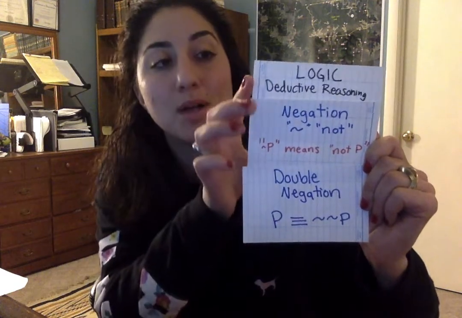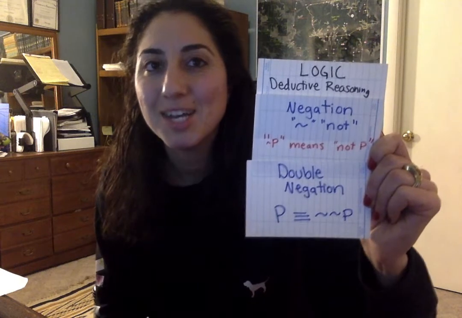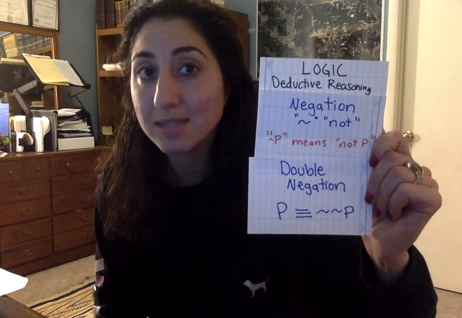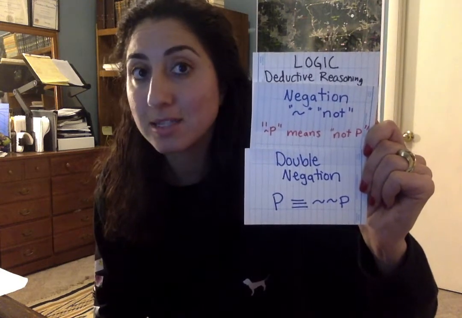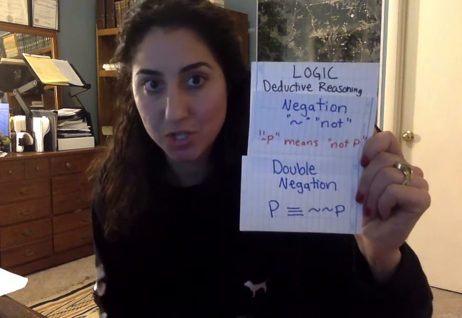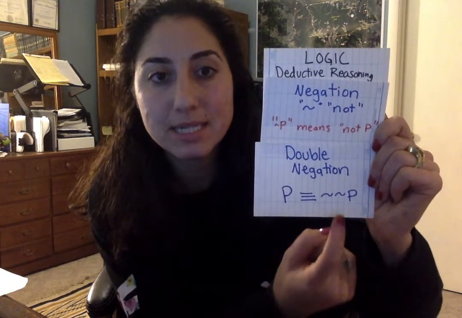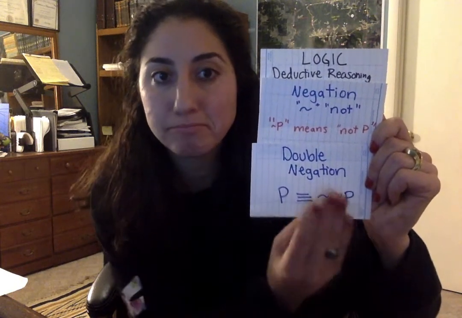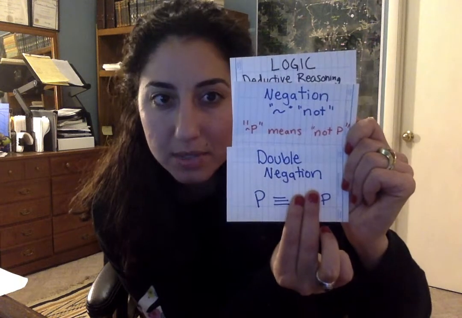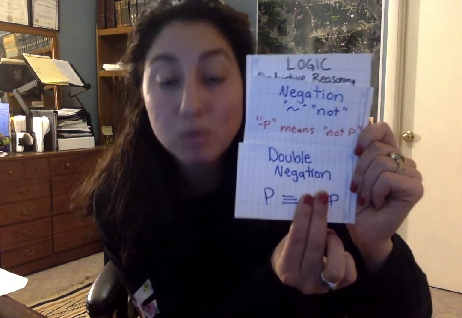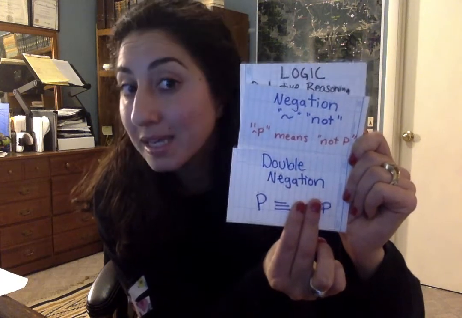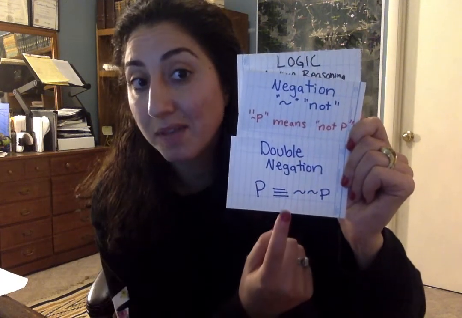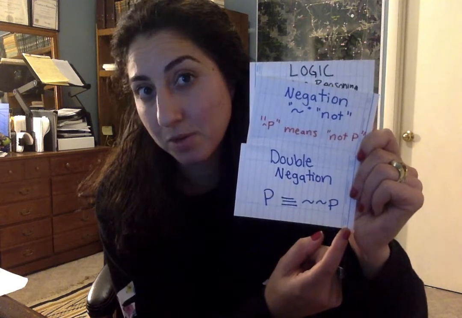The rule of double negation is that you can add a pair of tildes, or you could just get rid of a pair of tildes, so long as they're right next to each other, as it is here. Tilde tilde P. You can just get rid of those, and P equals P. To say P is the same thing as saying, well, it's not the case that not P. You mean P? Yeah.